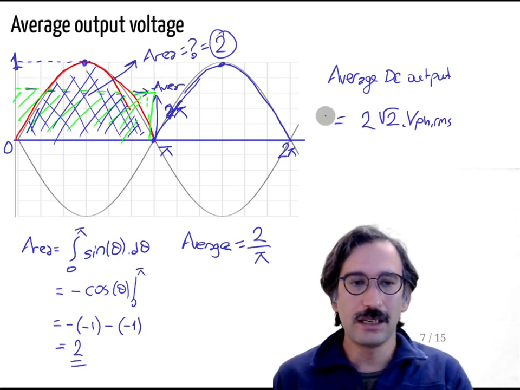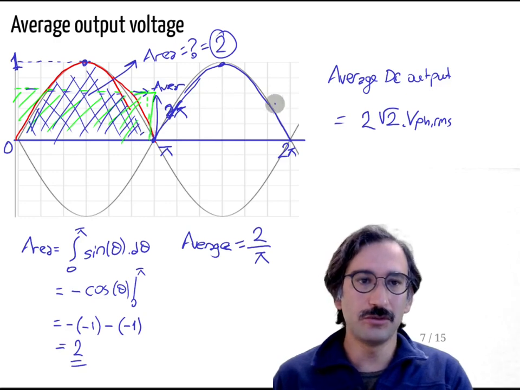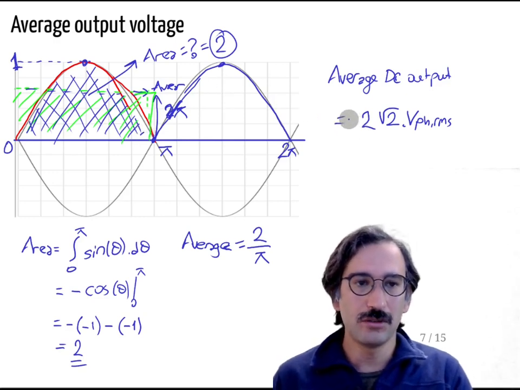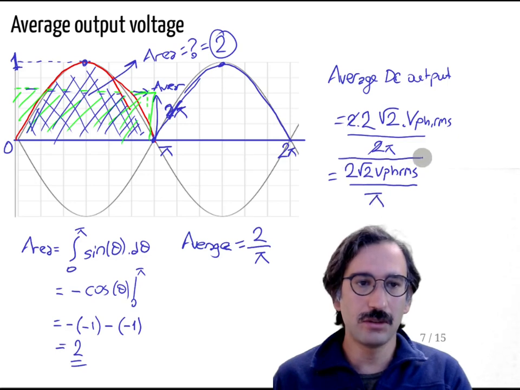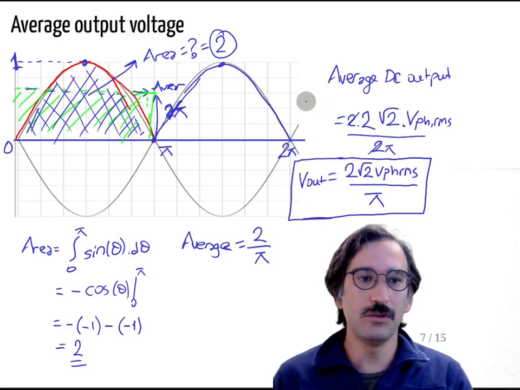If you would like to get 2 of those areas, it will be 4, so it can be 2 times 2 divided by 2π. Then that will cancel, so the output will be 2 square root 2 V phase RMS divided by π. This is the average output DC voltage of a full wave rectifier.